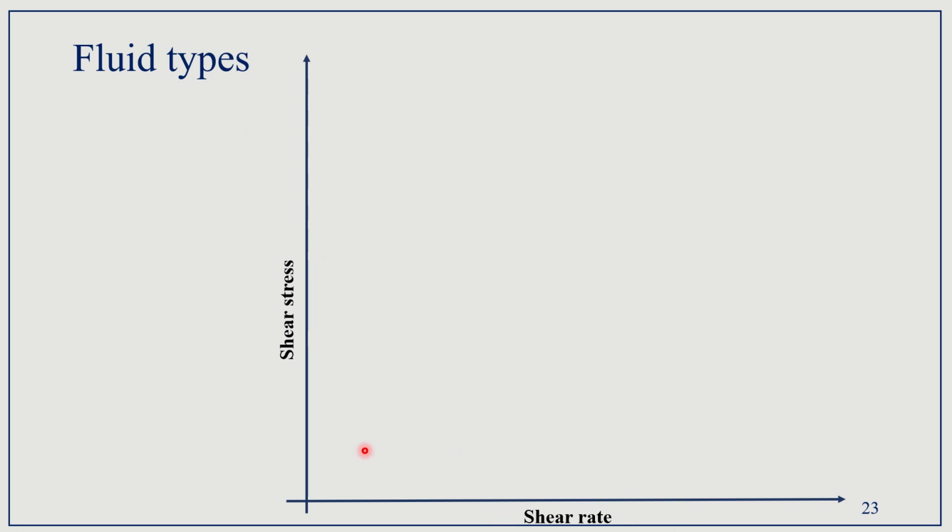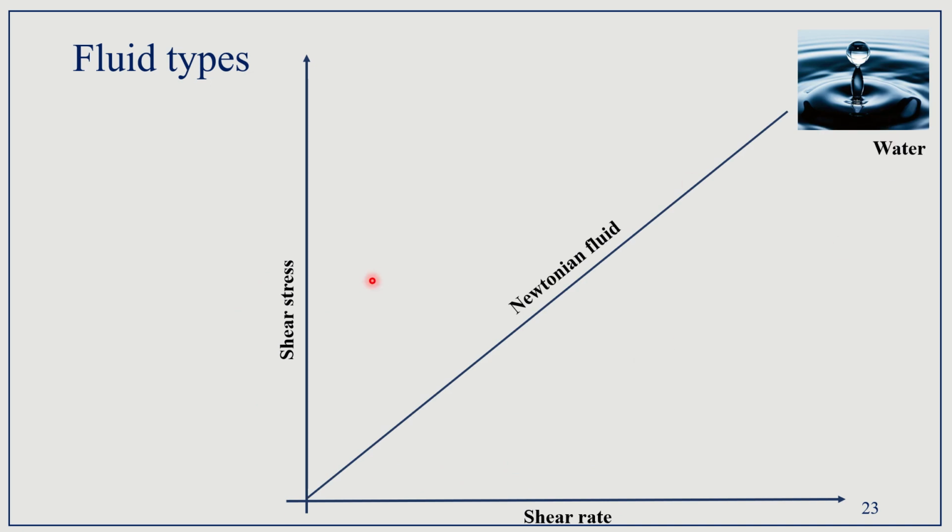The first is the Newtonian fluid, which states that shear stress is directly proportional to the shear rate. So the Newtonian fluid is a straight line, a directly proportional line. One such example of a Newtonian fluid is water.